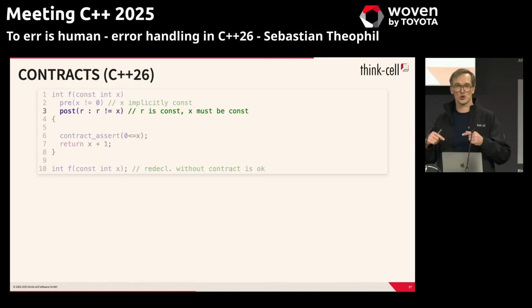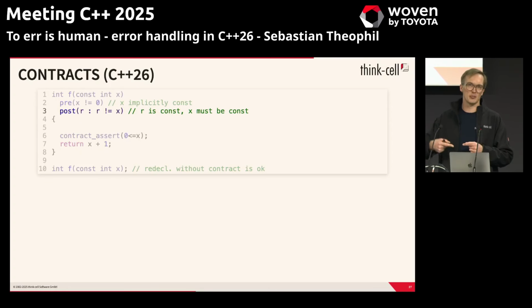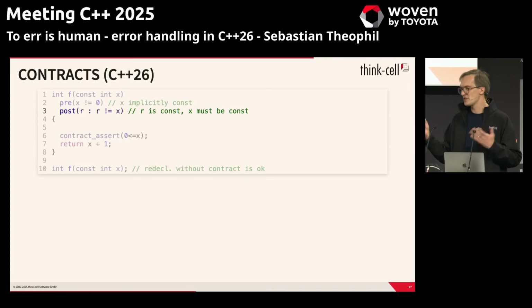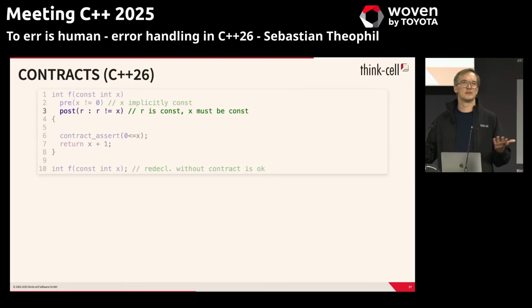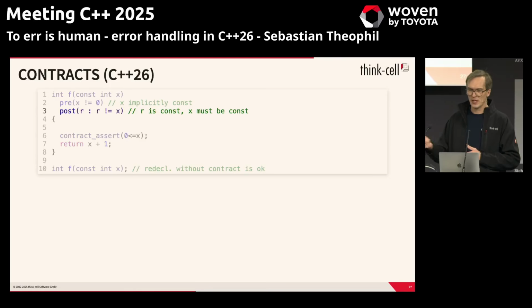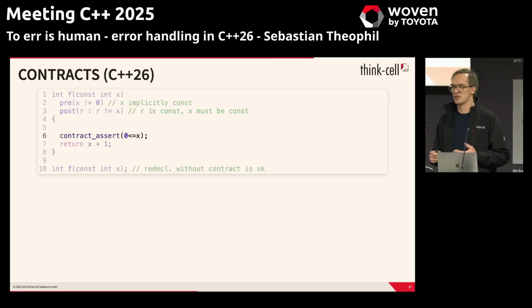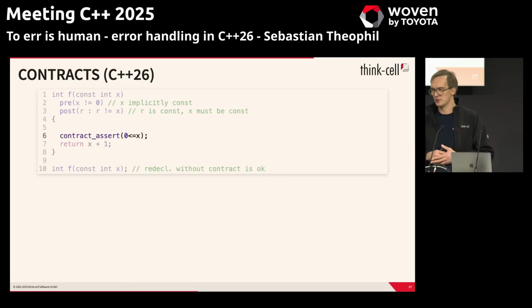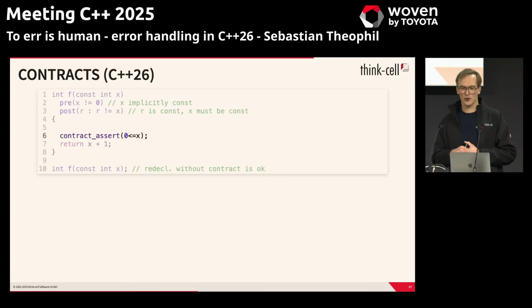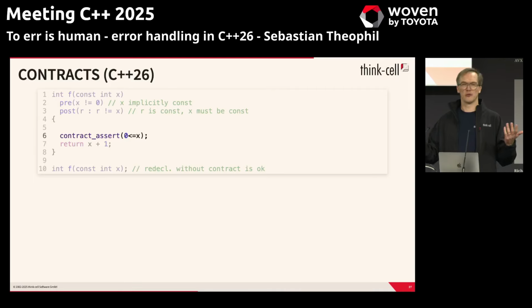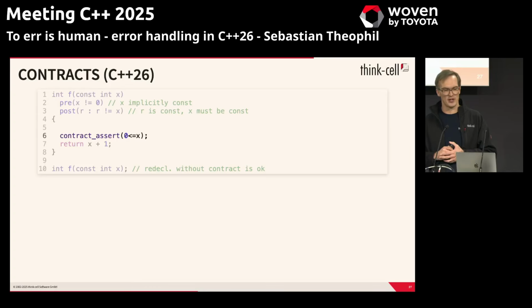It's just to make sure that we haven't manipulated our function inputs ourselves inside the function body, and we're still talking about the same thing. So these are very sensible decisions, I would say. And then as a new assert mechanism, we have contract_assert, which is just like the old assert, but better, to assert any other kind of invariant.